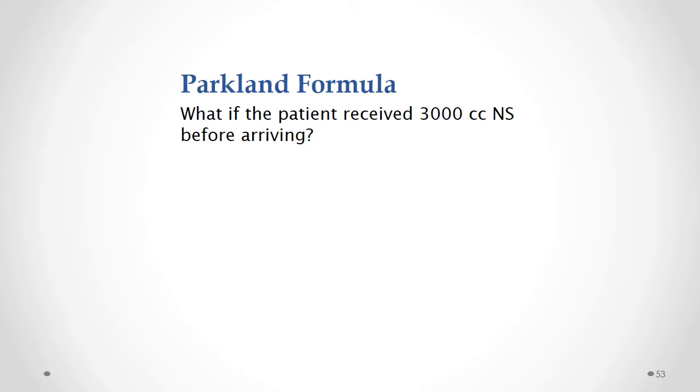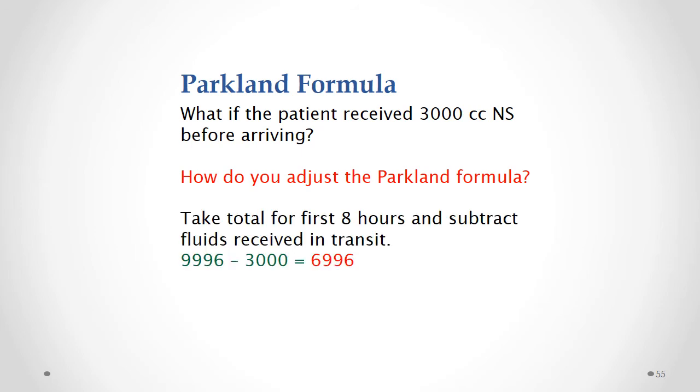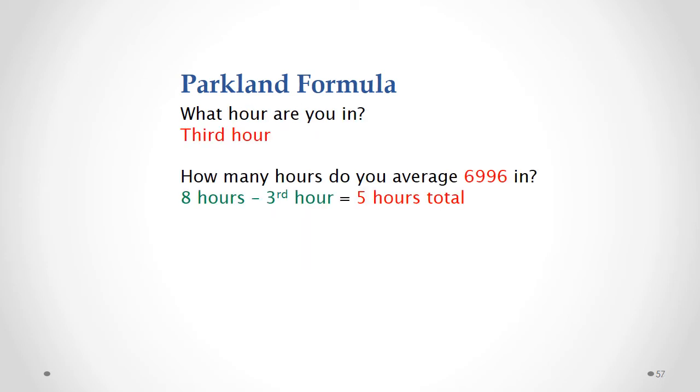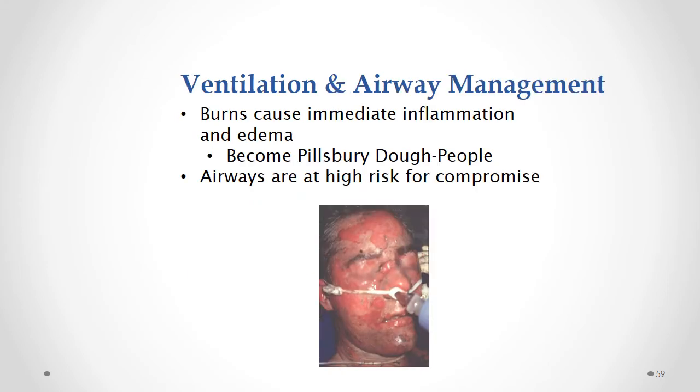If the patient received 3,000 cc's before they got to our ED, we need to take that into consideration as well, so we need to adjust the formula. We take our first half volume, 9,996, subtract the 3,000 that he received to come up with 6,996. Now remember, we still need to divide by 5. 6,996 by 5 gives us 1.4 liters an hour. And that's pretty much what the Parkland formula is all about.